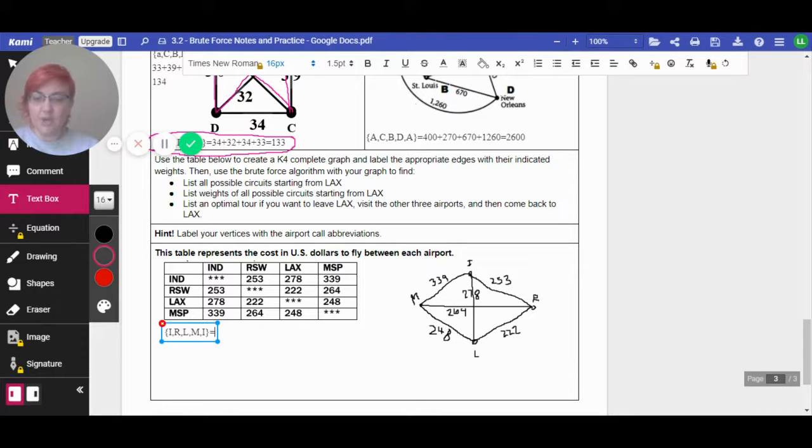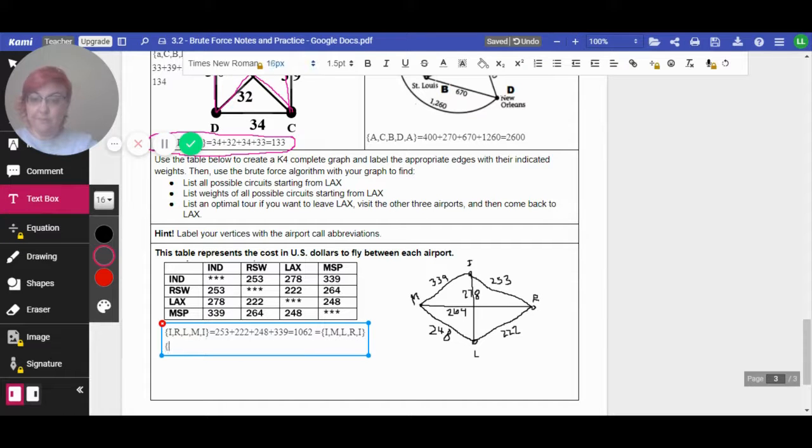All right, I to R is 253, R to L is 222, L to M is 248, M to I is 339. So I'm going to add those together. And that's 1,062, which is also equal to IMLRI, which is the mirror circuit.